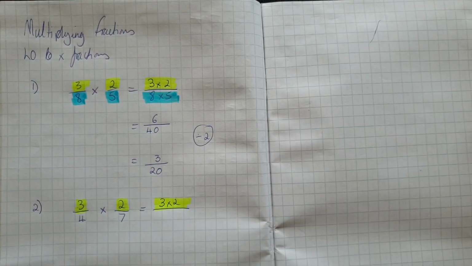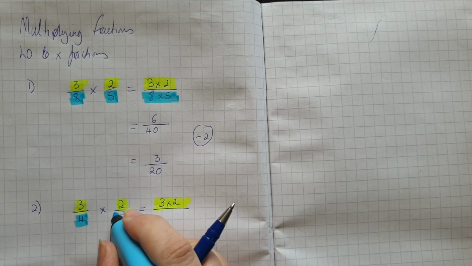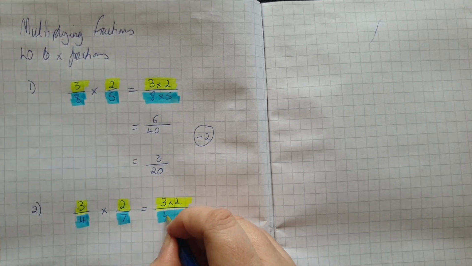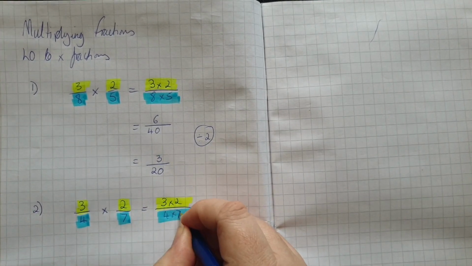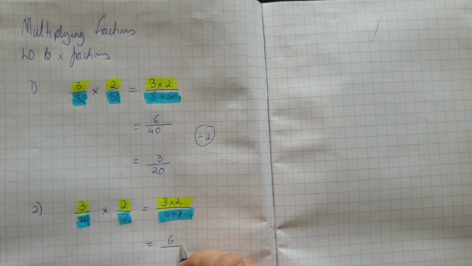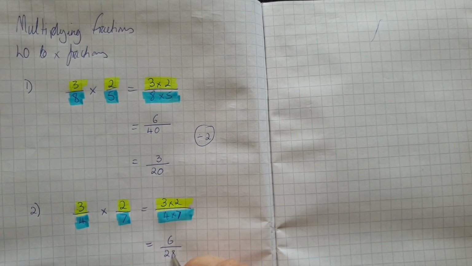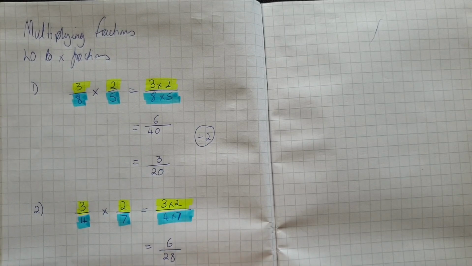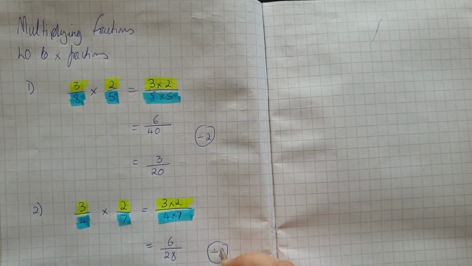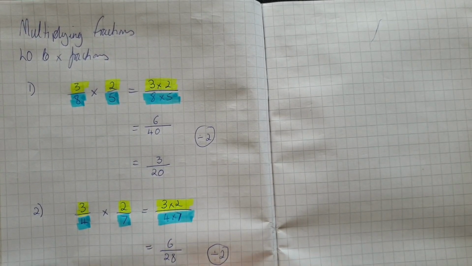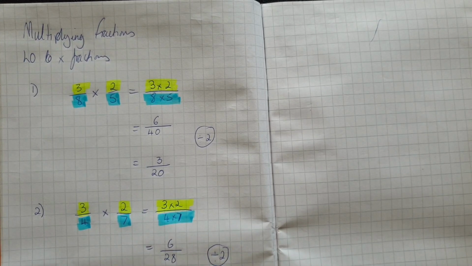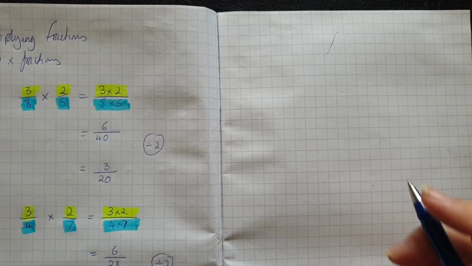I take the denominators and multiply those together. 3 times 2 is 6. 4 times 7 is 28. Again, spotted straight away. They're both even numbers. I can divide by 2. Gives me 3 over 14. Have a go at these two yourself.